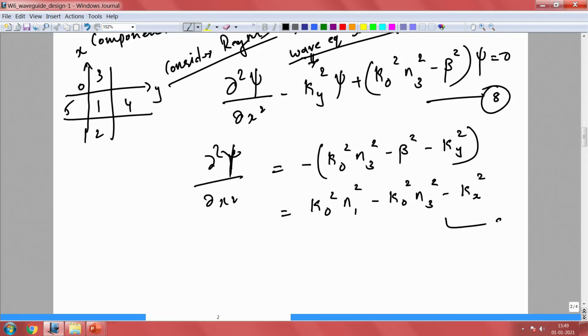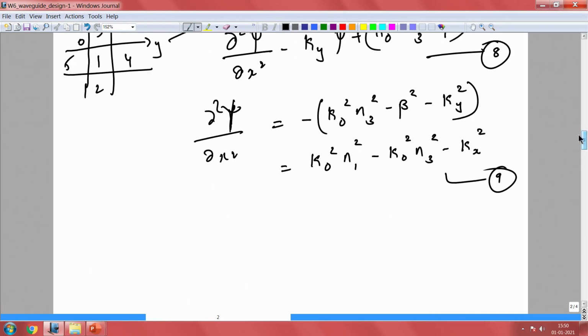So, this is equation 9, alright. So, this has the solution. This is the solution here, right.